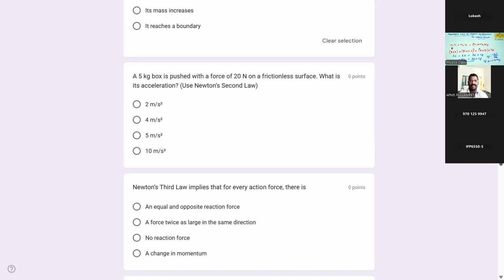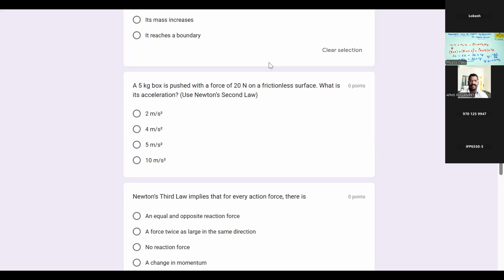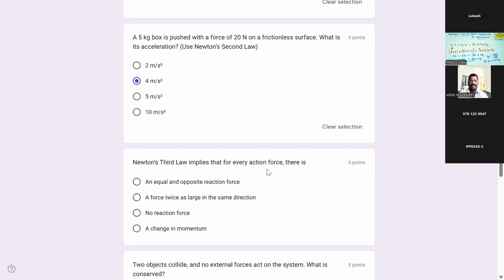Then what is the acceleration? Yes, B, 4. So 20 by 5 is 4 meter per second square. We will check the answer later.